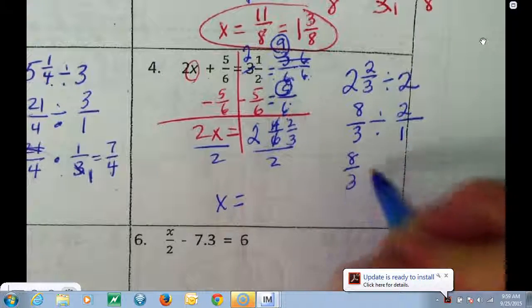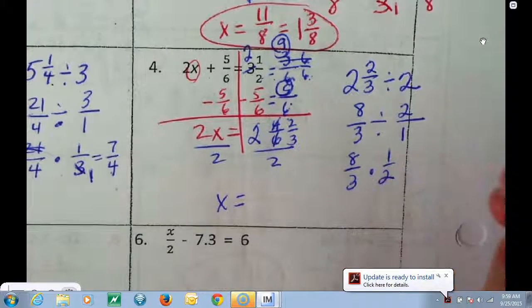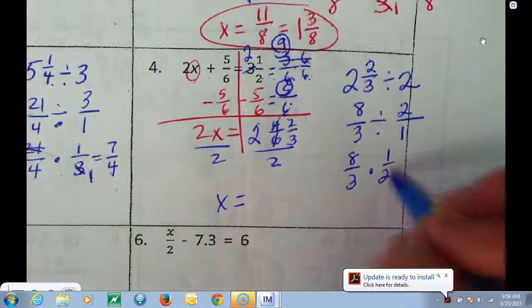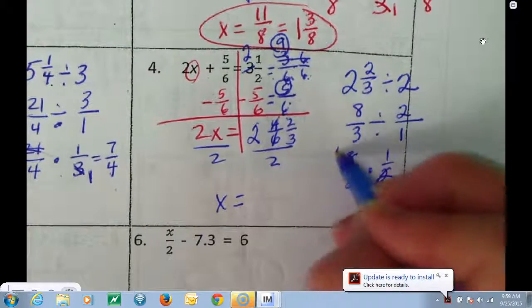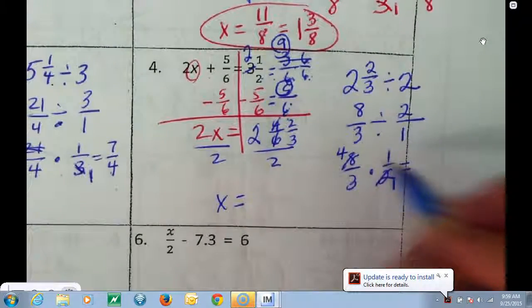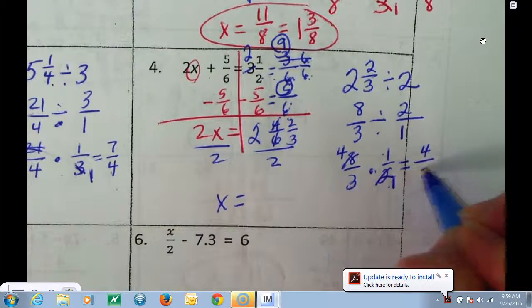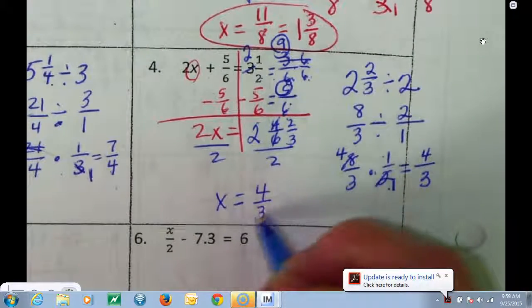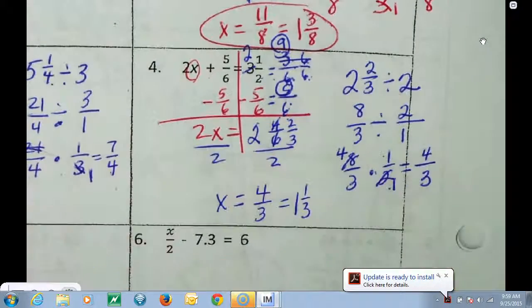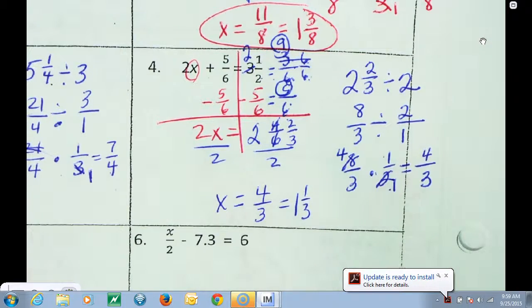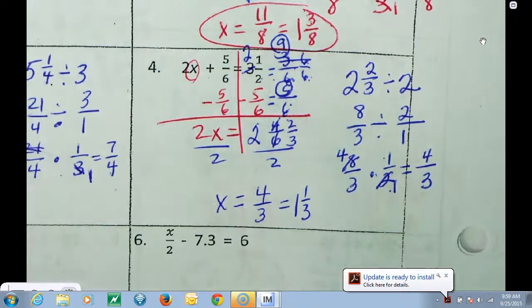Then change, flip. 2 goes into 2 one time, 2 goes in 8, 4. 4 times 1 is 4, 3 times 1 is 3. 4/3, which is 1 1/3. I'm just writing it down to practice that, but if you're working it, you don't need to change it unless you want to.